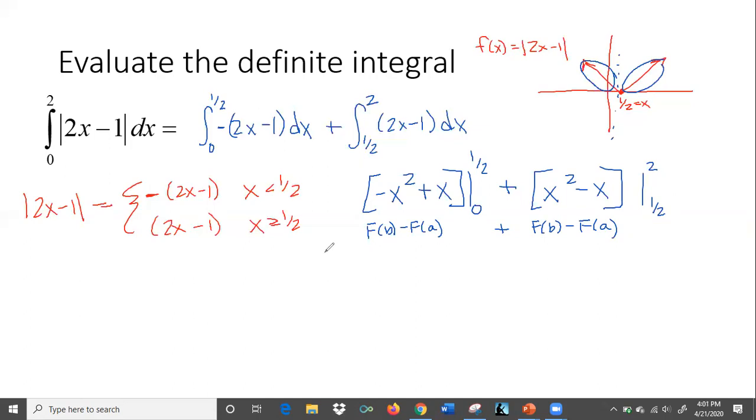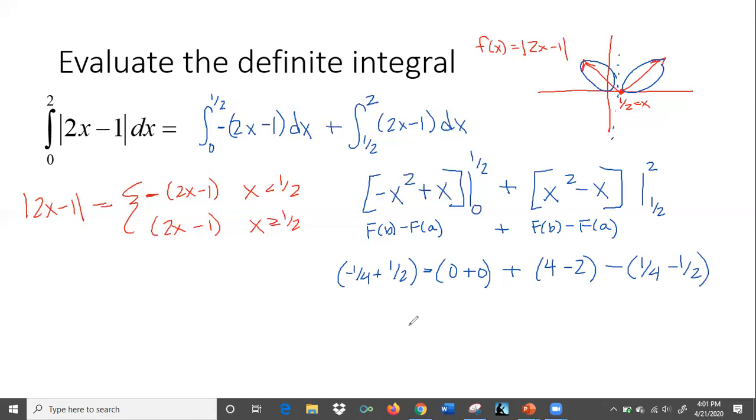When we plug our values in, f of b in this case is negative 1/4 plus 1/2. F of a is going to be 0 plus 0. We're going to then add our f of b for the second piece, which is going to be 4 minus 2. We're going to subtract our f of a, which is 1/4 minus 1/2.